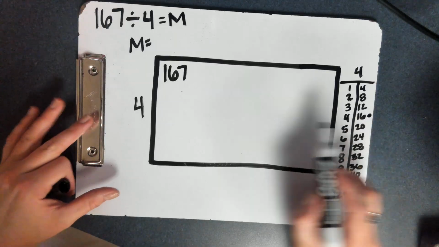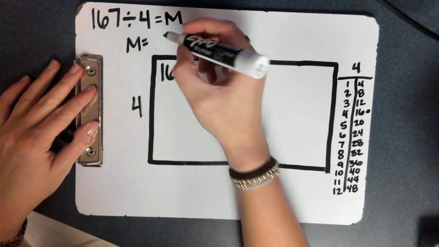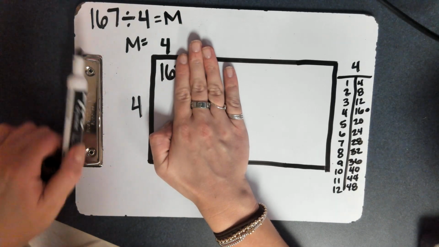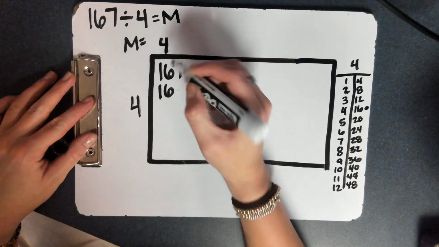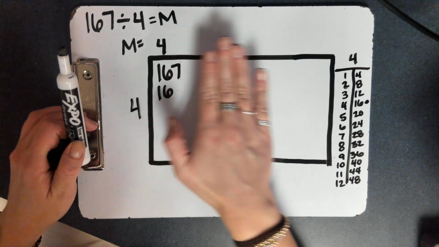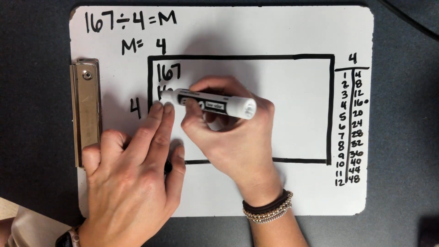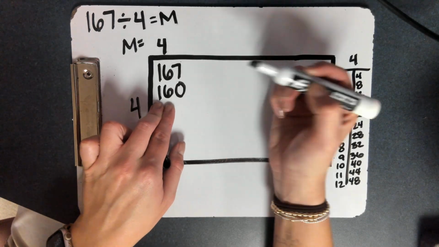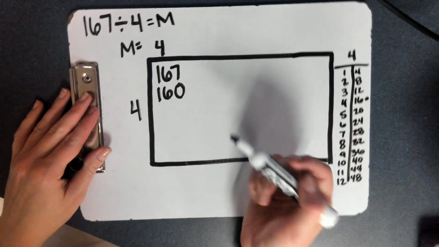So I can subtract the number 4 from 16 4 times, and 4 times 4 equals 16. Now that I uncover that, I realize this is actually in the hundreds and the tens place, and I need to bump it up times 10, or move it up a place value.